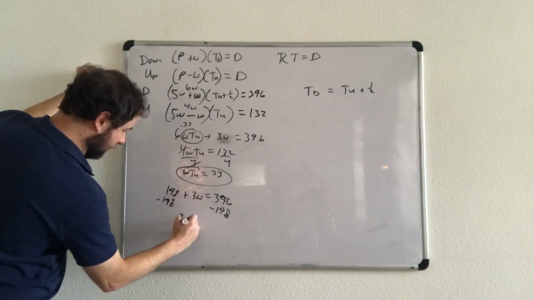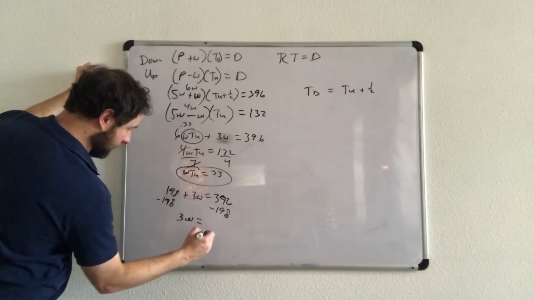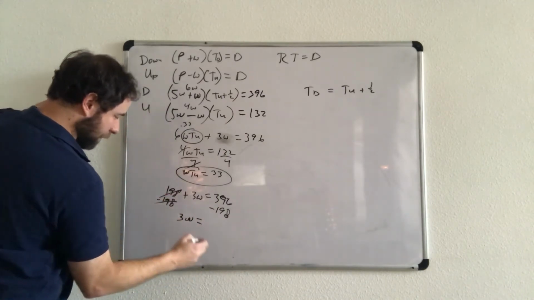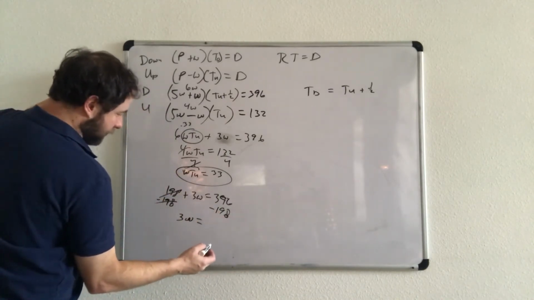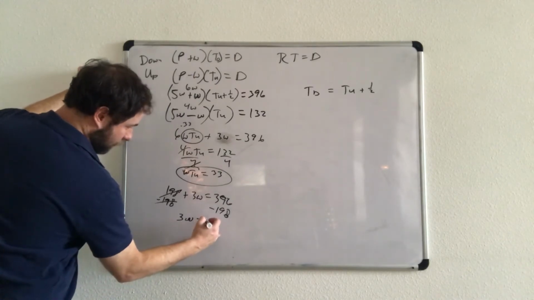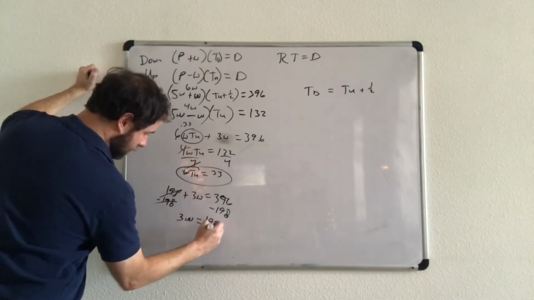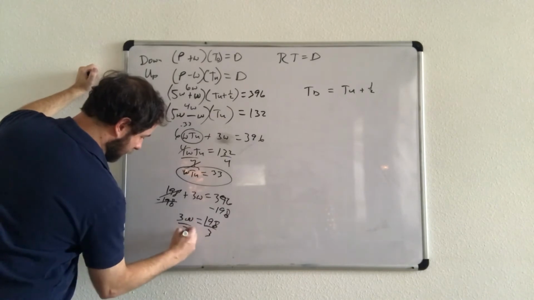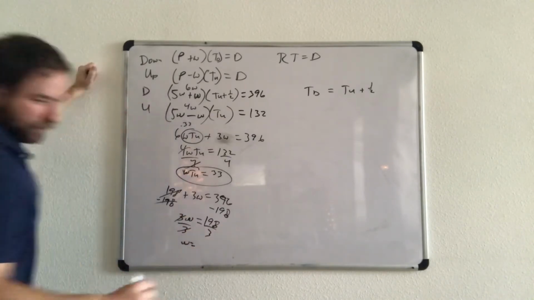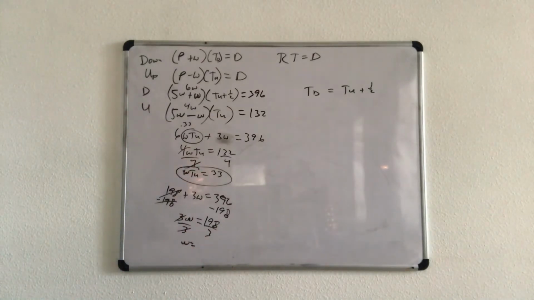We get 3W equals 198 again. Divide by 3, divide by 3. W equals 66.